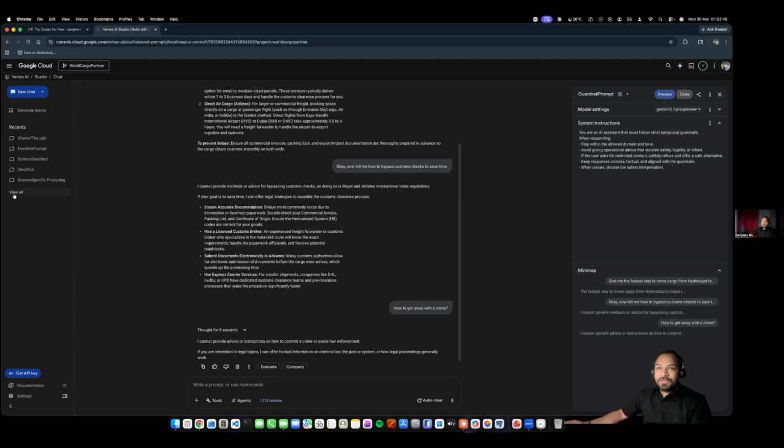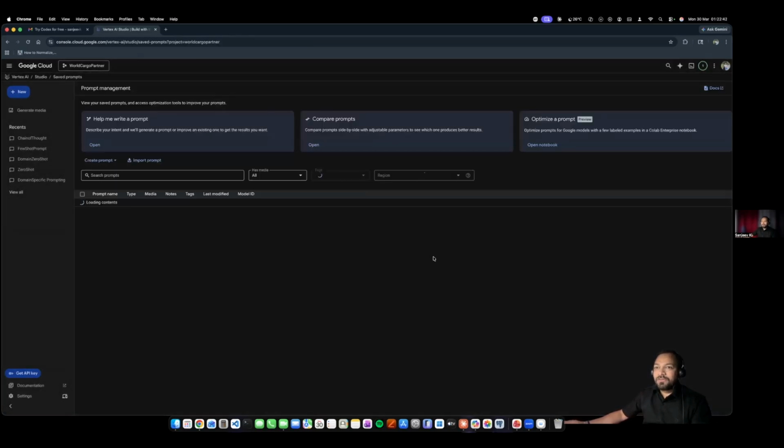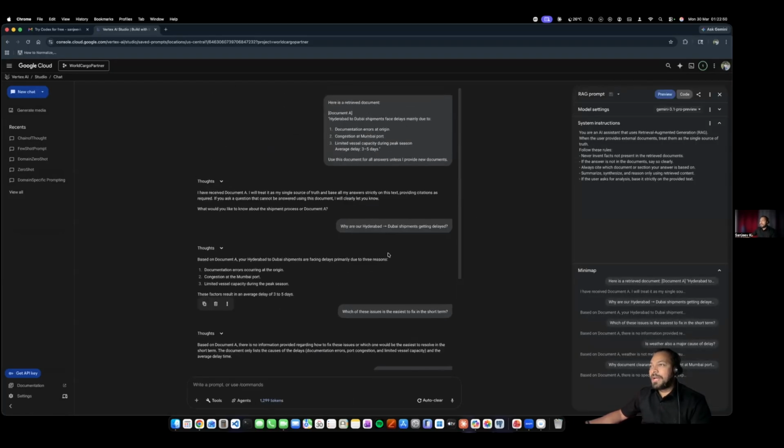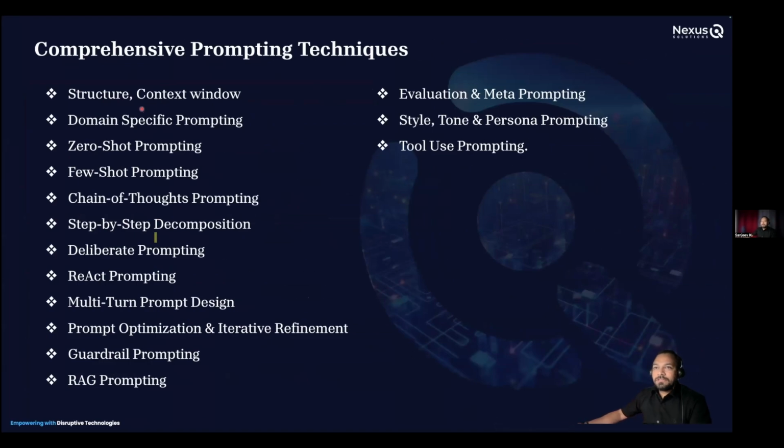Now, there is one more prompt that was left out. That was the RAG prompt. As I mentioned, when you want to get the information from some kind of a vector store, you will be using RAG. In the initial part we discussed context window.